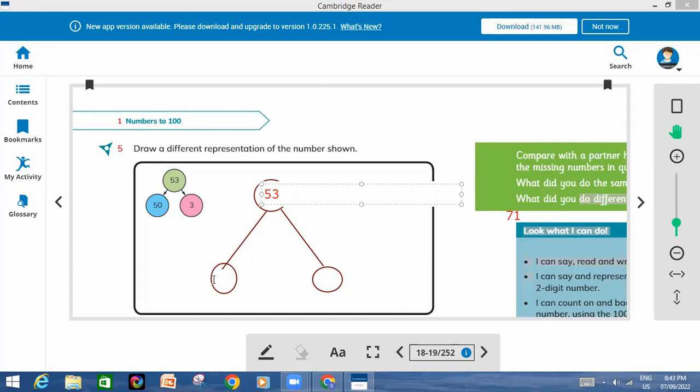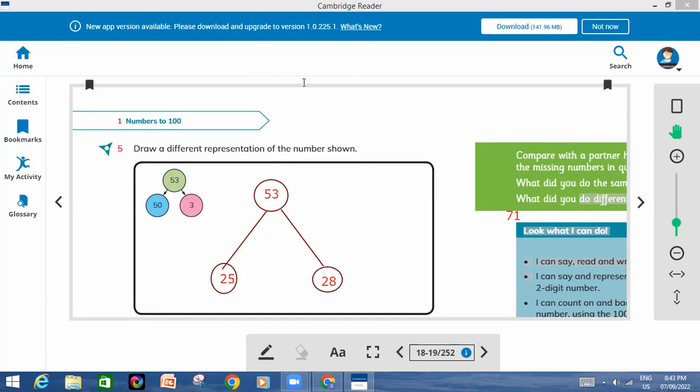So we are going to take half of it in a separate box and half of it in the other. We can say it is 25 and 28. When we add these two numbers, we are going to get 53.